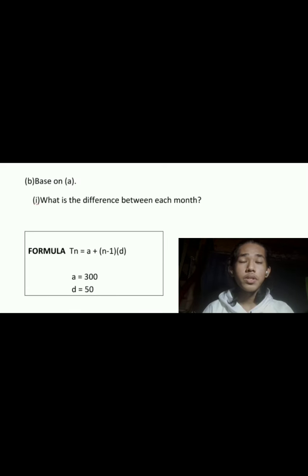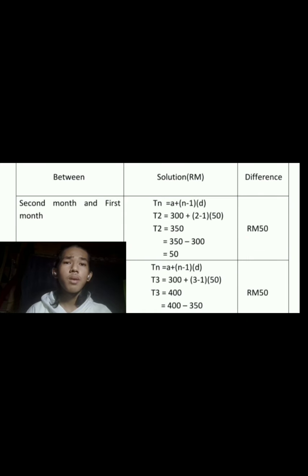Okay, I continue with question number 2B, 1, which is what is the difference between each month. For this question, we use the formula Tn equals A plus open bracket n minus 1 close bracket multiply D. We look at the table. For the difference between the second and the first month, we enter the values into the formula, that is T2 equals 300 plus open bracket 2 minus 1 close bracket multiply 50, and we get 350.